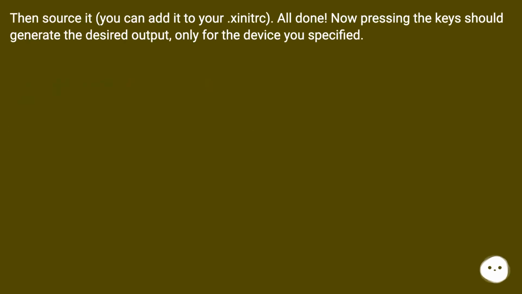Then source it, you can add it to your .zshrc. All done. Now pressing the keys should generate the desired output, only for the device you specified.